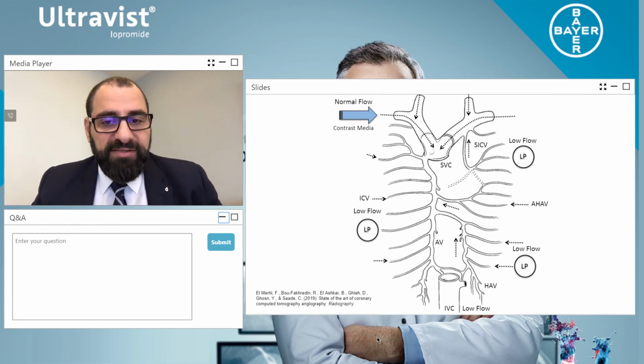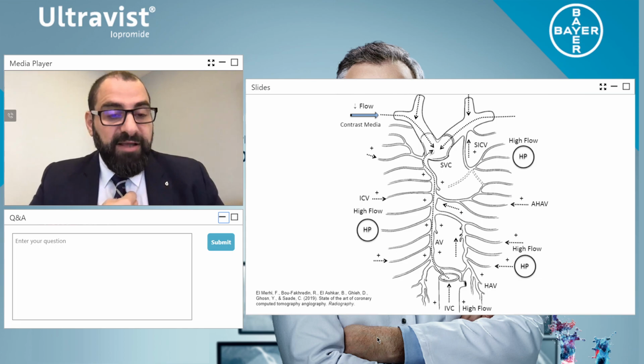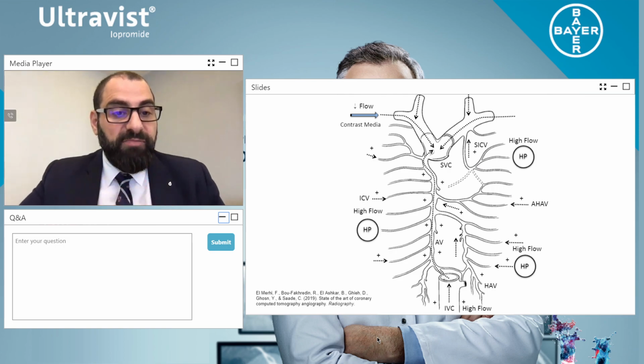So the contrast that's coming up in the azygos vein stops the inflow of contrast media from right and left brachiocephalic vein, and it just stops there. So if you ever notice, you get a lot of artifacts in the actual cervicothoracic junction or the brachiocephalic vein. And then the contrast moving in and out stops, completely stops. And there's contrast in the arterial system. This is because of breathing.